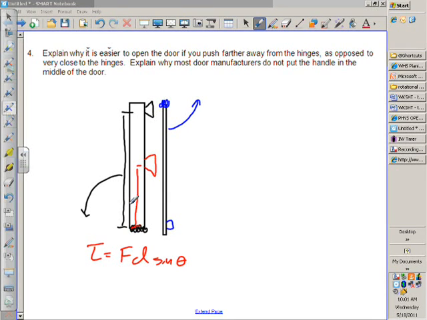But instead of pushing it out here, you push it here, and you pick the wrong side. It's not that you can't open it. How hard do you have to push to open it, though? You have to push a lot harder because now the lever arm is very short, since you're very close to the center of rotation. So to produce the same torque to get the door to open, you have to apply a much larger force if you're closer to the hinges.